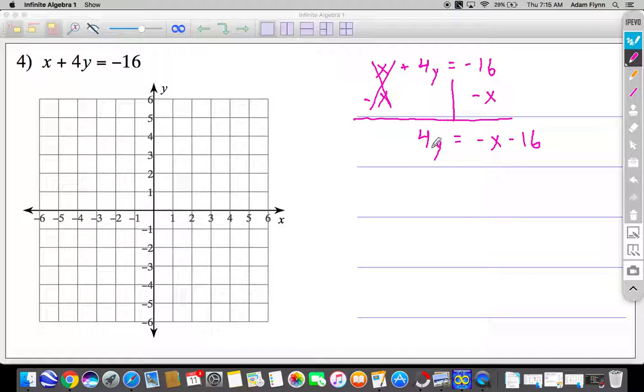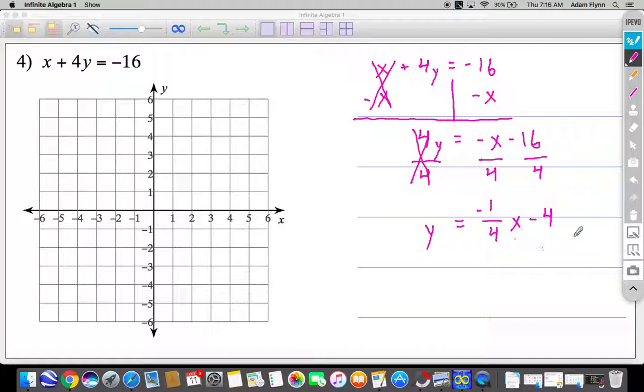Now to get rid of this 4, because this 4 is being multiplied to this y, I will divide everything by 4. When I do that, these 4's cancel. So I have the y by itself equals negative 1 over 4x, and negative 16 divided by 4 is negative 4.